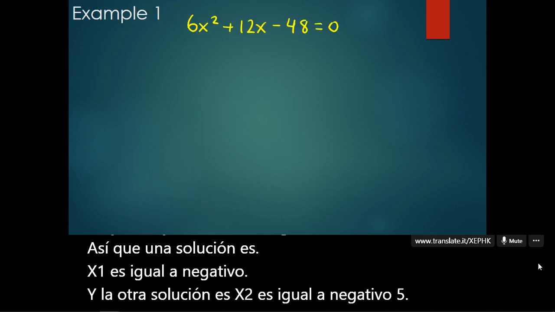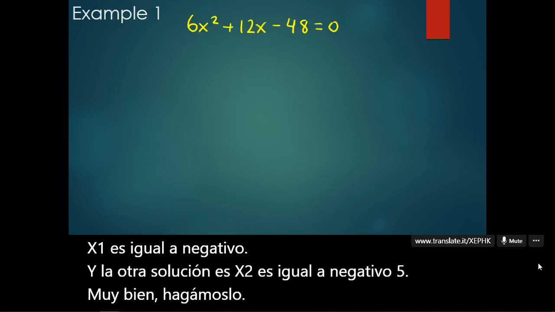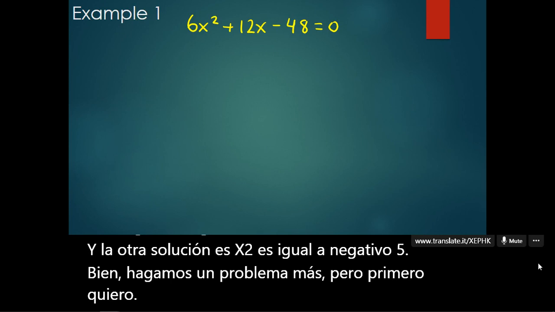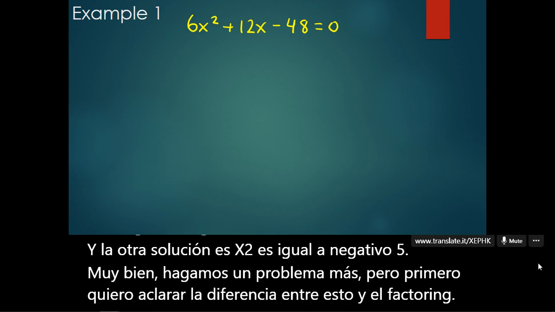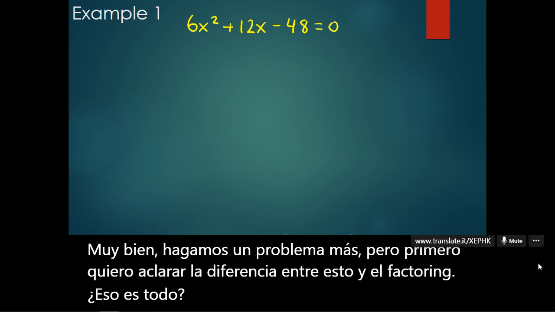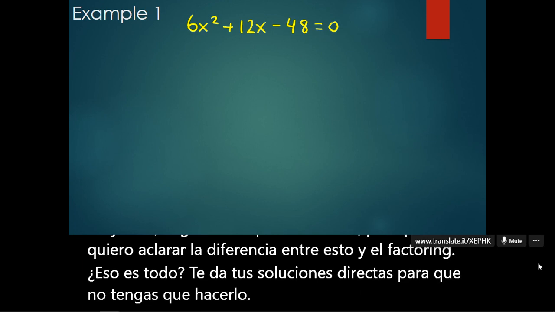All right, let's do one more problem, but first I want to clarify the difference between this and factoring. This gives you your direct solutions, so you don't have to factor this out. We go straight into our x-intercepts.